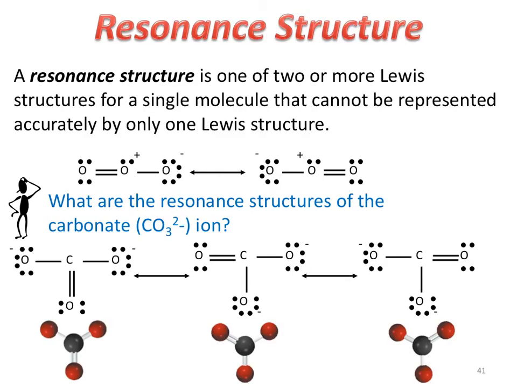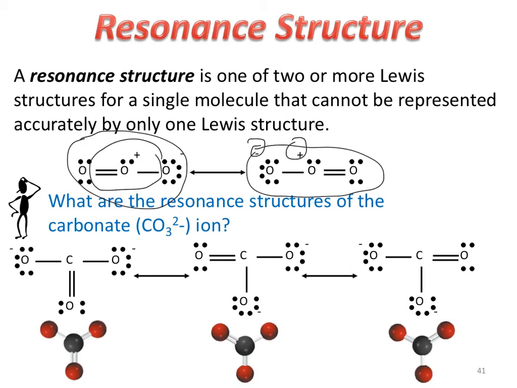In resonance structures, basically we have 2 or more Lewis structures for a single molecule that cannot be represented accurately by one Lewis structure. This top example is ozone. We cannot get 2 double bonds on that central oxygen to reduce these formal charges here, because the oxygen already has an octet: 6 from the bonded atoms and 2 from the lone pair.